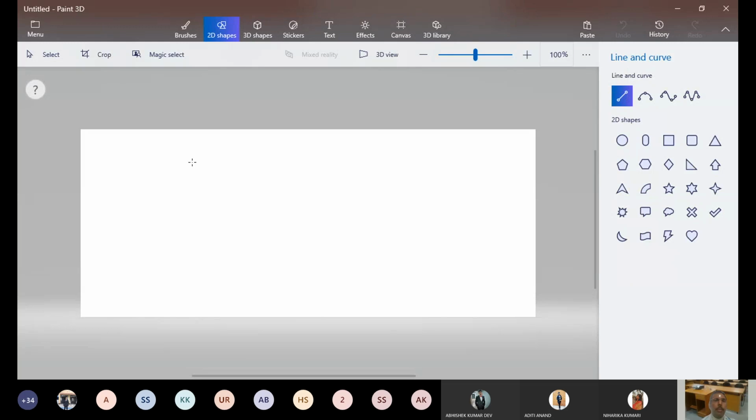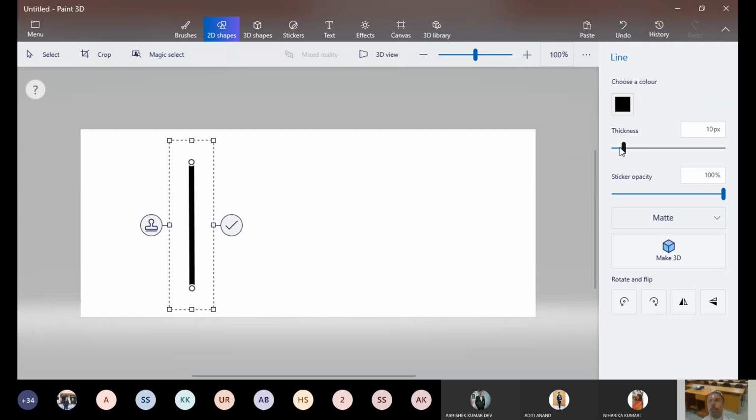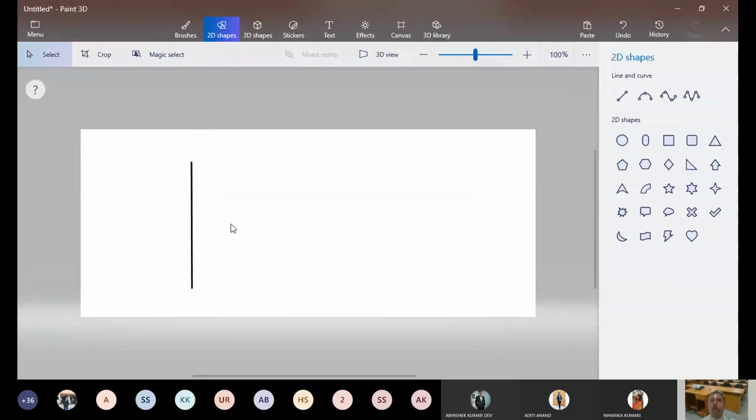We have the y-axis, and we have the x-axis.